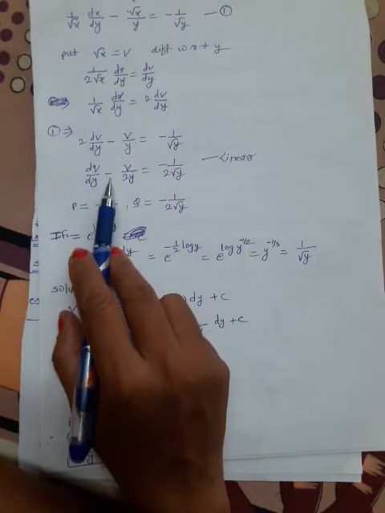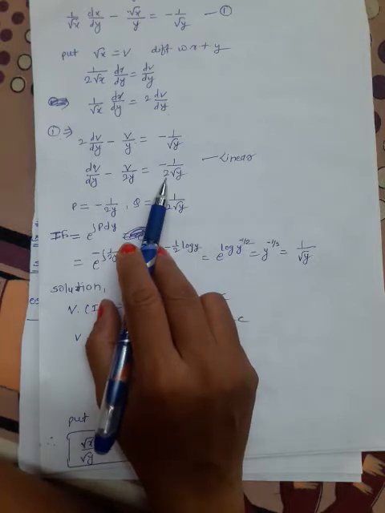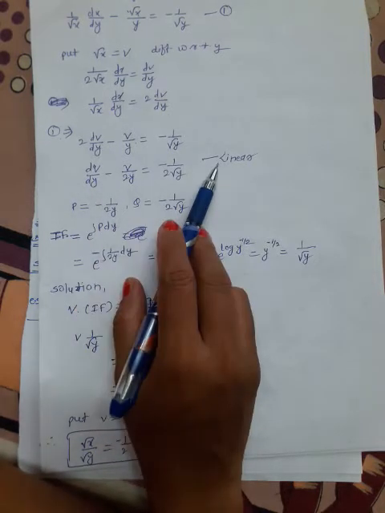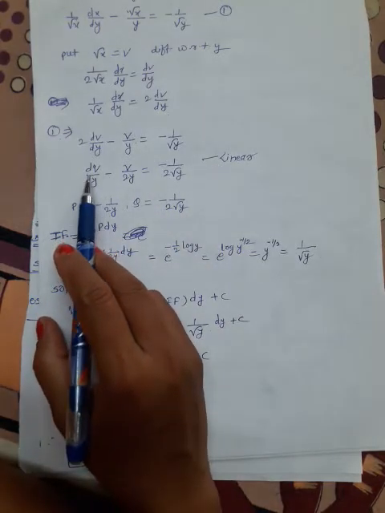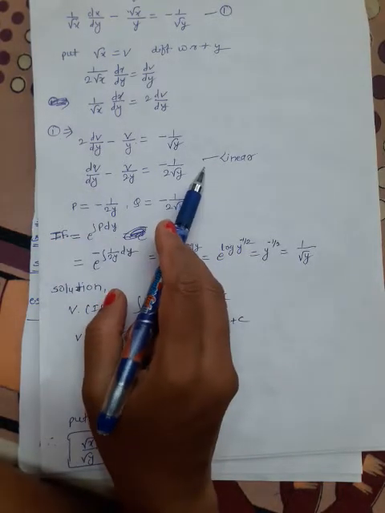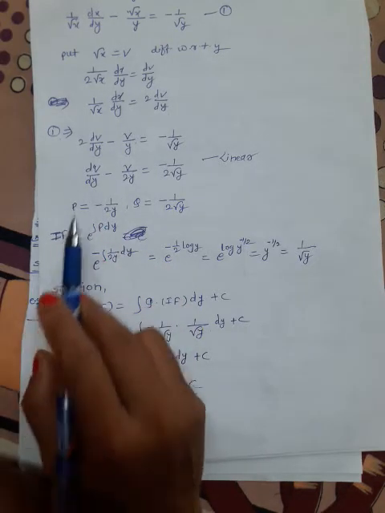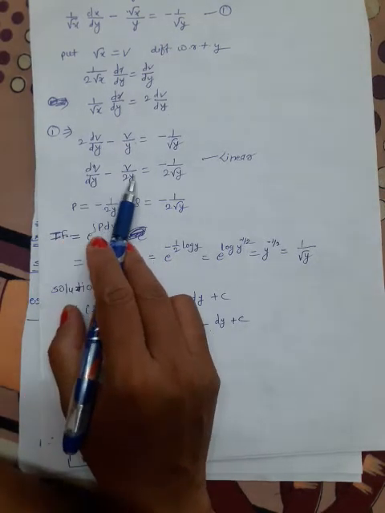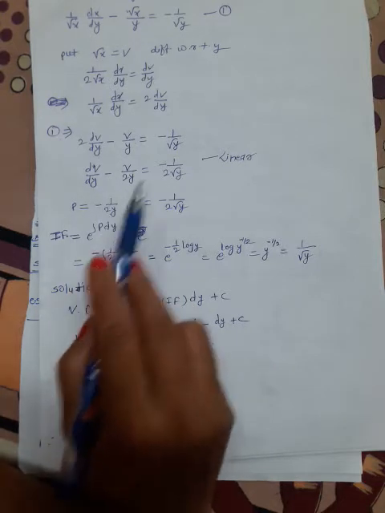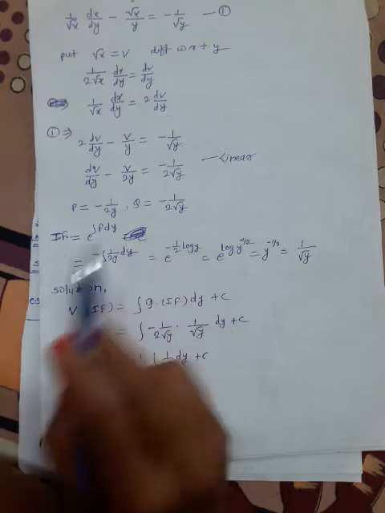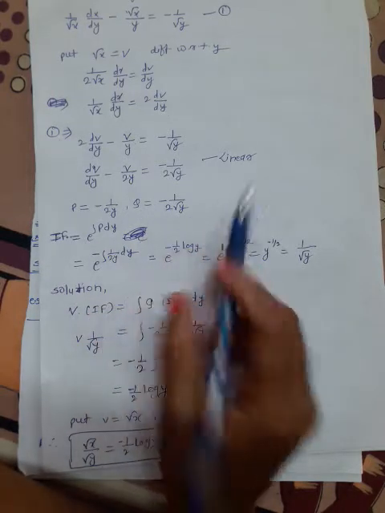We get dv by dy minus v upon 2y is equal to minus 1 upon 2 root y, which is the linear equation. Instead of y there is only v in this particular linear equation, and instead of x there is y. That's why p is equal to the coefficient of this v with minus sign, that is 1 upon 2y, and q is the total RHS side. Now the integrating factor as per our solution of linear differential equation.